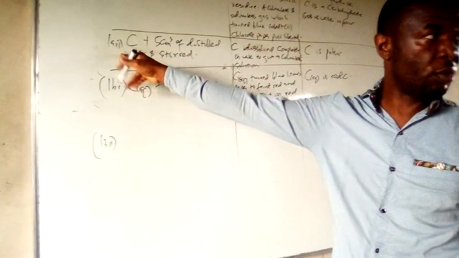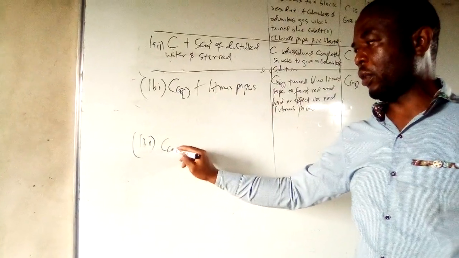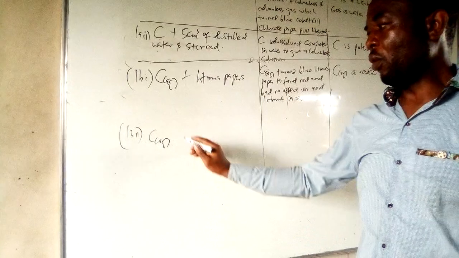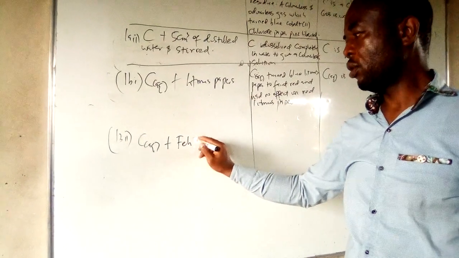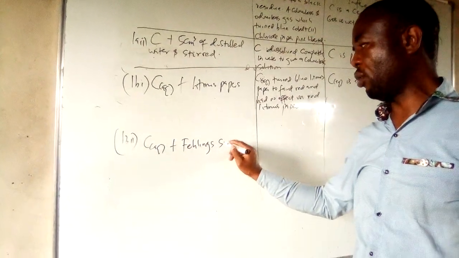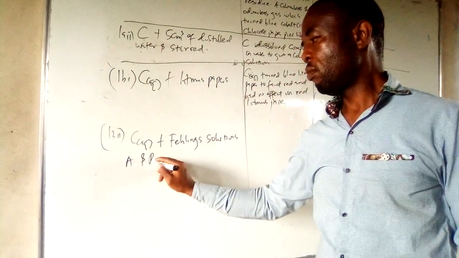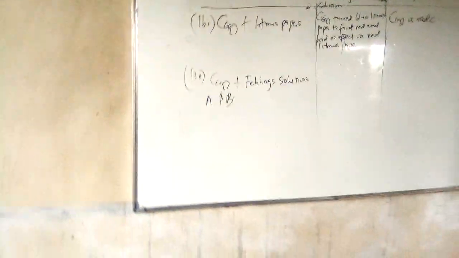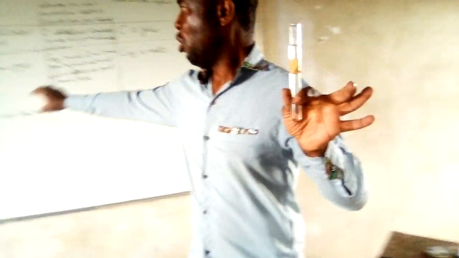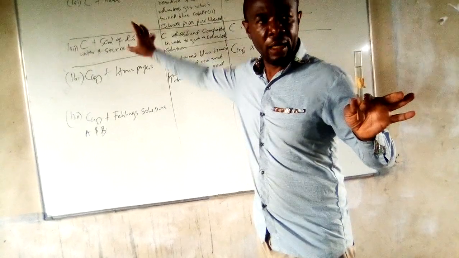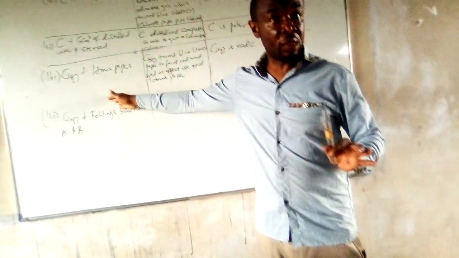That is C aqueous, the solution of C now. Plus Fehling's solution, Fehling's solutions A and B. Are you following it now? So this is the C solution we now have. That's the C aqueous, the one we obtained from 1AII, which we also used in the litmus test.